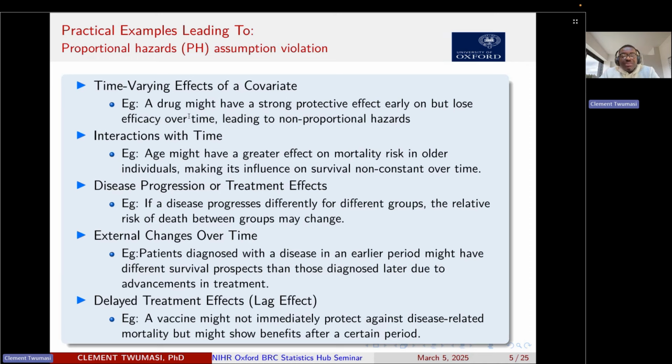But there are situations where certain covariates have a time varying effect on the outcome. For example, if you have a certain drug that might have a strong protective effect during the early stages, but loses efficacy over time, then a variable on efficacy might likely not meet the proportional hazard assumption. And then there are situations where some variables interact with time, for instance, age might have a greater effect on mortality, especially within old individuals.